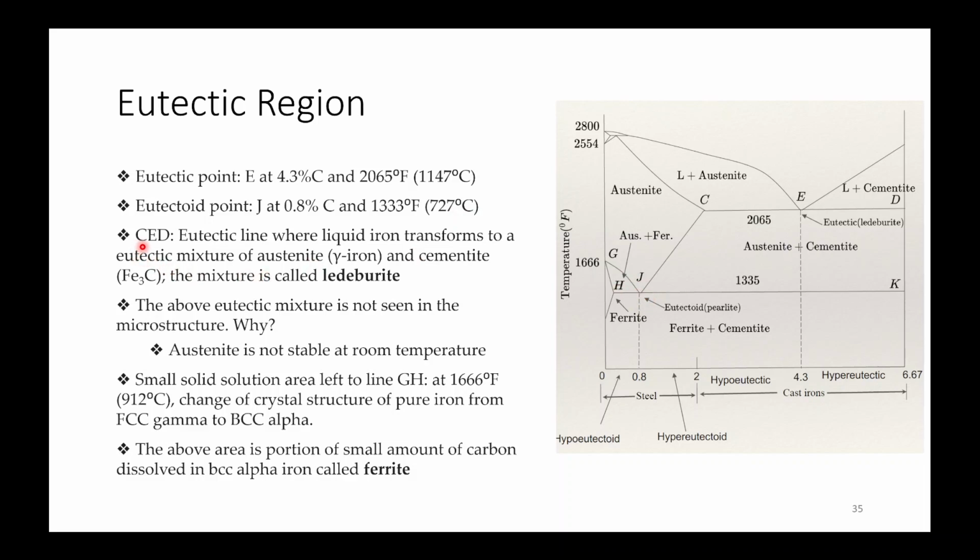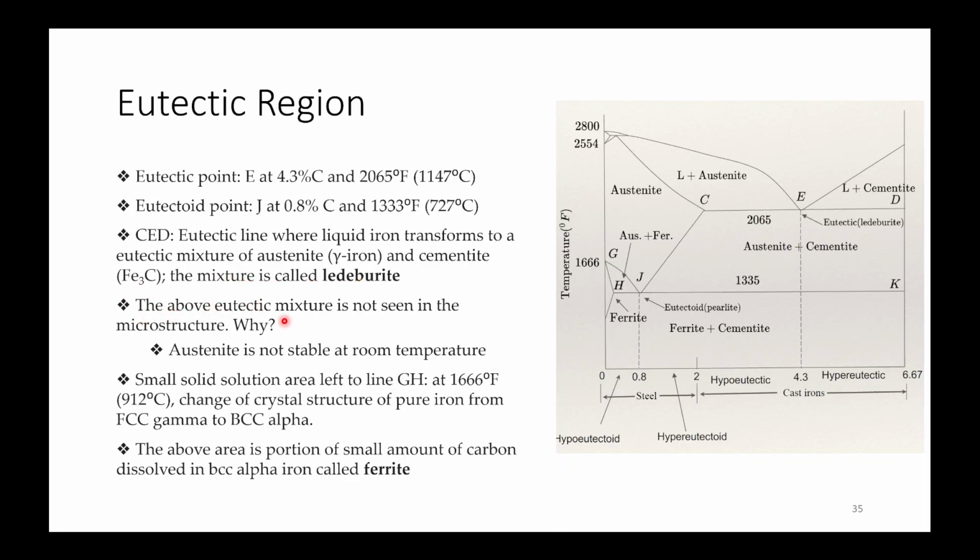Now CED, this is your solidus line. It is also the eutectic line where liquid iron transforms to a eutectic mixture of austenite, gamma iron, and cementite Fe3C, and the mixture is called ledeburite.